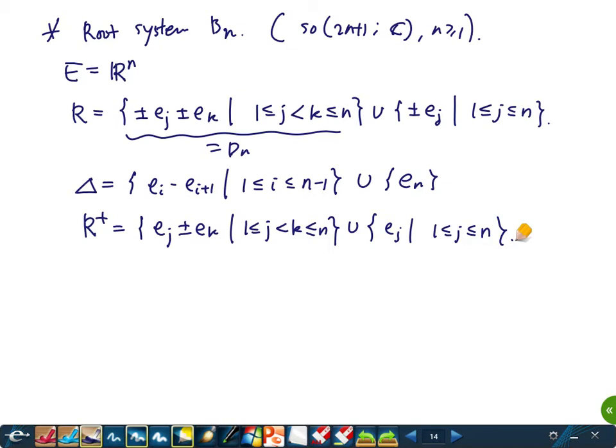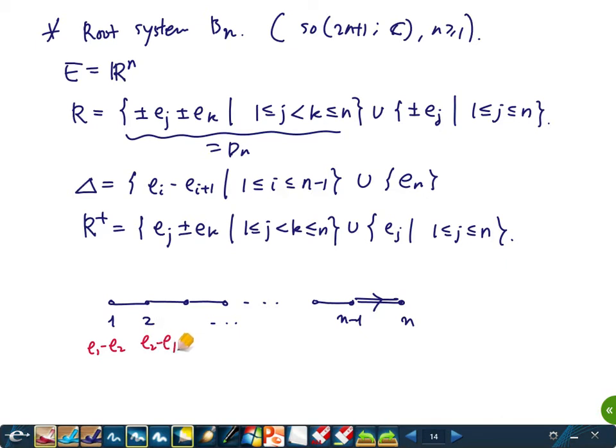So the Dynkin diagram looks like this: 1, 2, dot dot dot, n minus 1, n, but we have two edges with direction like that. Of course this corresponds to e_1 minus e_2, e_2 minus e_3, this corresponds to e_{n-1} minus e_n, and this corresponds to e_n.